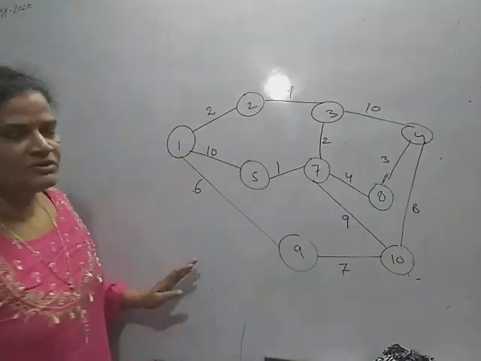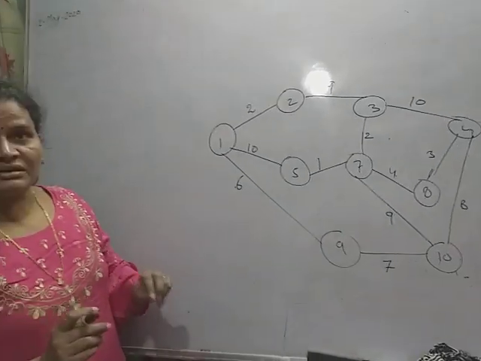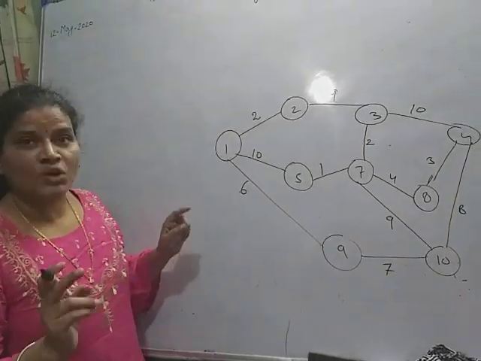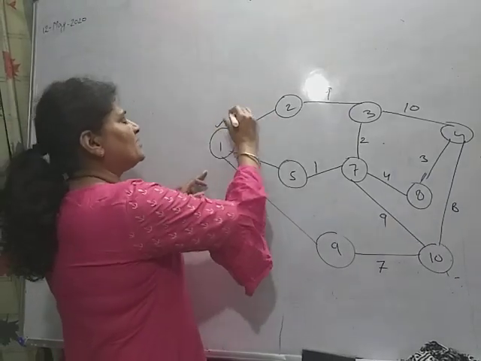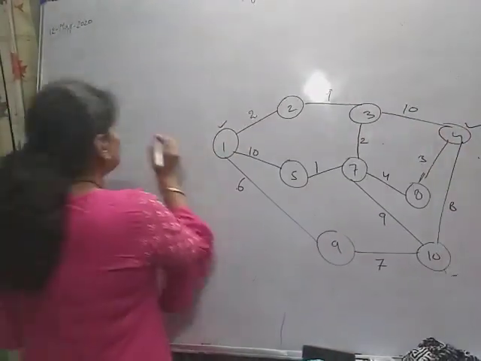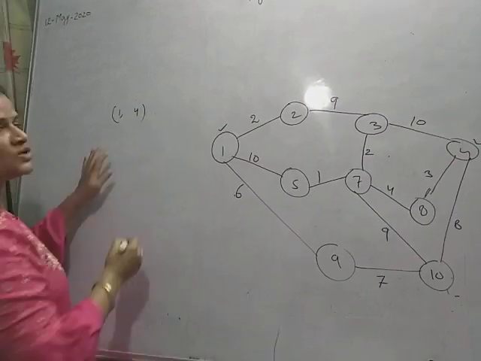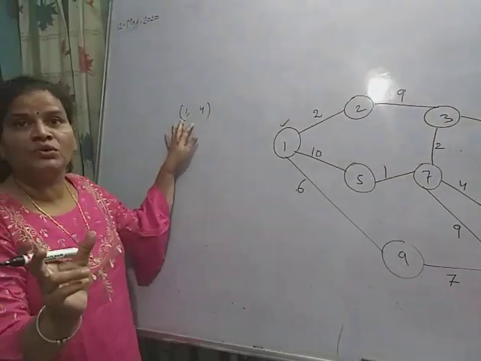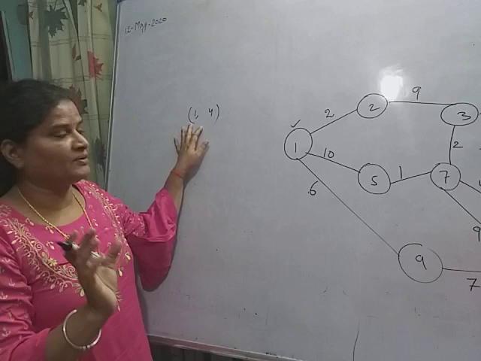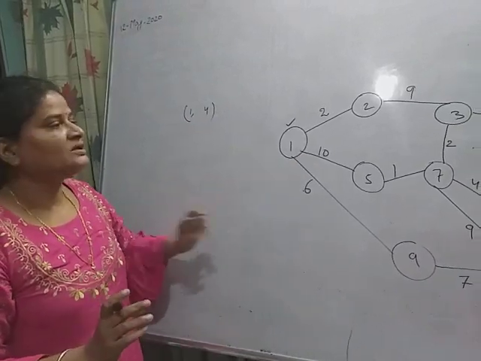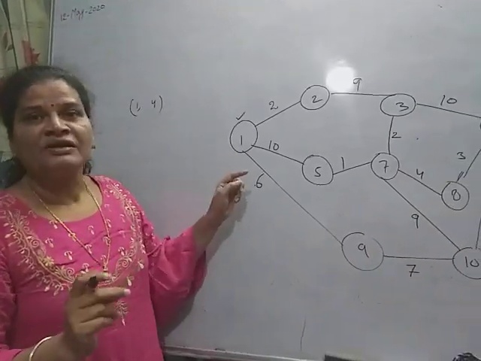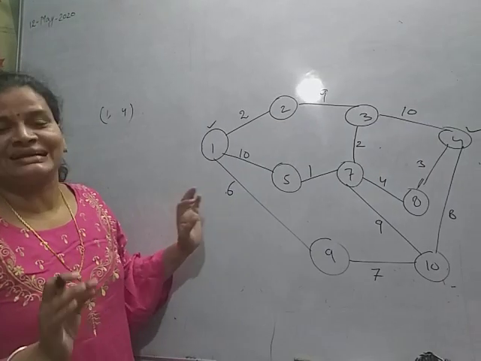So suppose our aim is to find the shortest path between 1 to 4. Our problem is to find the shortest path between the pair of vertices 1 to 4. So here, if we apply the greedy technique to solve it.